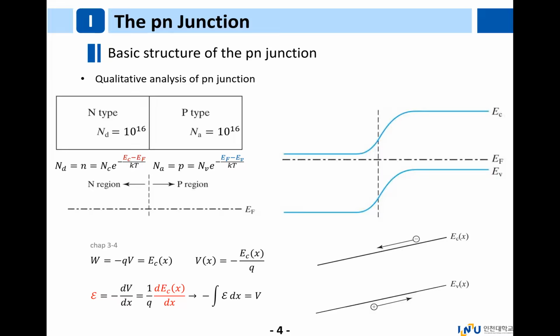So here will be an electric field, right? And the direction of the electric field aligns with the sign of the slope. So given the current positive slope, we can anticipate that the electric field will be generated from left to right based on these energy bands.